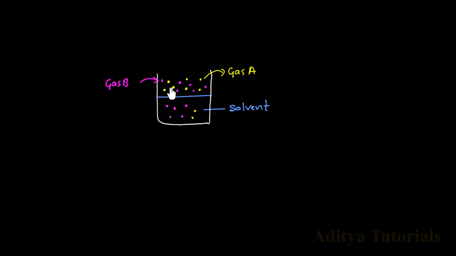Why not A, even though the number of gas molecules is the same? That is due to the partial pressure of the gas. What do we have? According to Henry's law, the solubility of any gas is directly proportional to its own partial pressure.